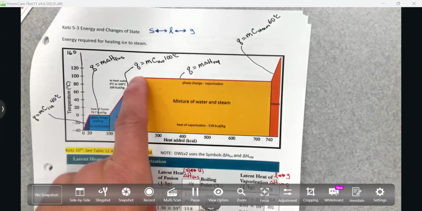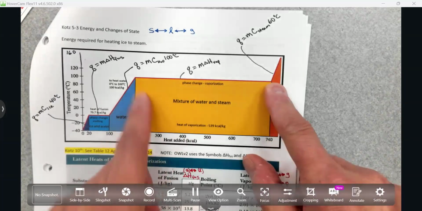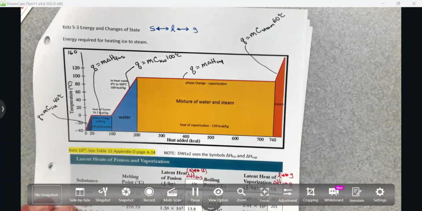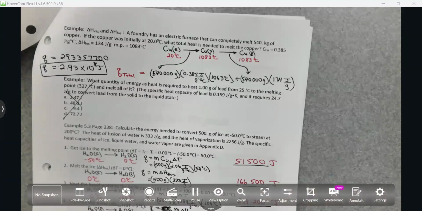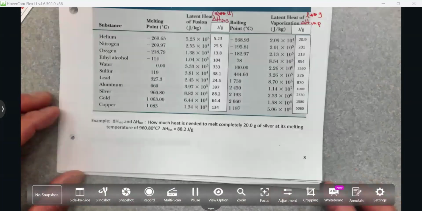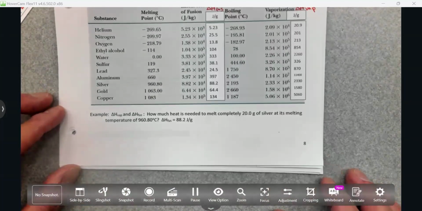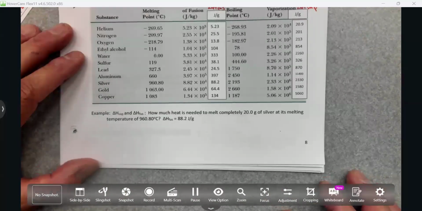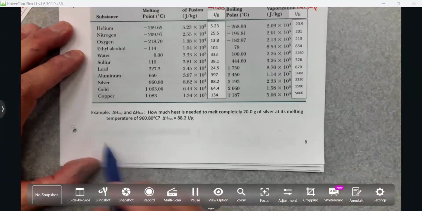Changing liquid water at 100 to gas at 100 takes a lot of heat energy. It looks like I skipped this. Did I skip this at the bottom of 8 here? I did. So at the bottom of 8, I guess we better do this.